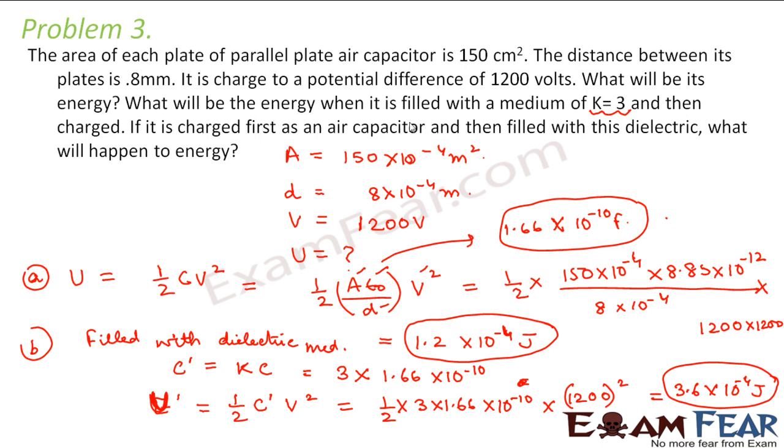In the second part, it was filled with a dielectric and then charged, so you charged it to the same potential. In the later case, you charged it to 1200 volts and after that inserted a dielectric, so the potential difference also changes.